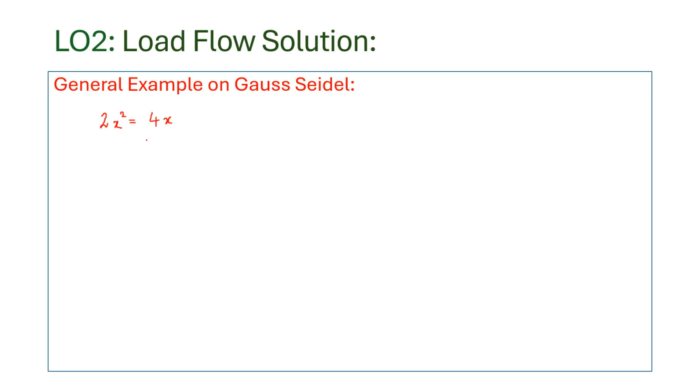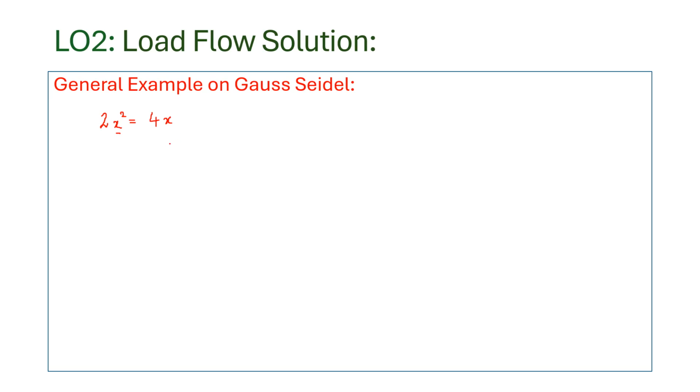In this equation, you can see this is non-linear because the x square term is there. There may be a direct method of solution to this, but I will solve this equation by the Gauss-Seidel method.